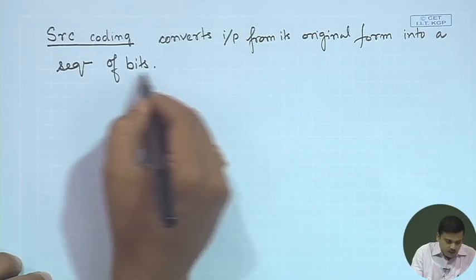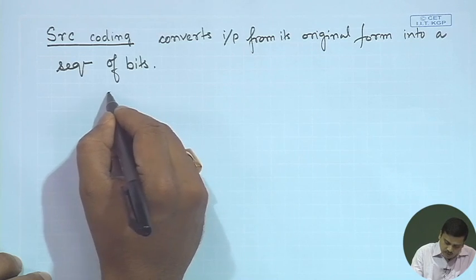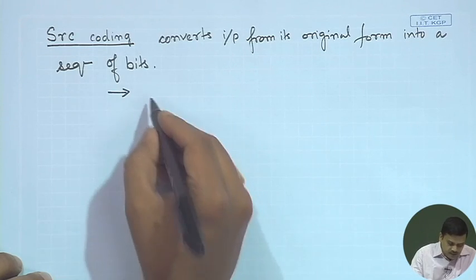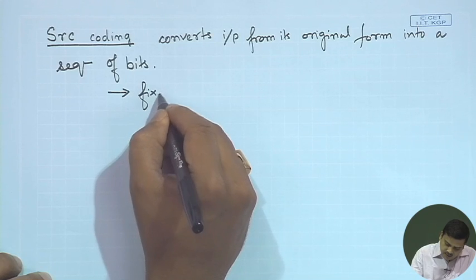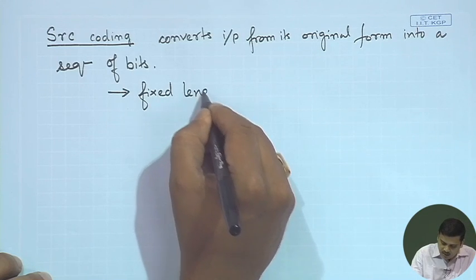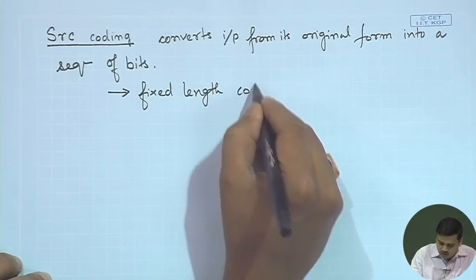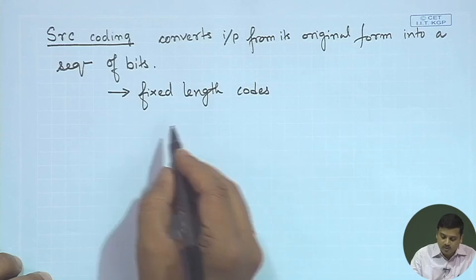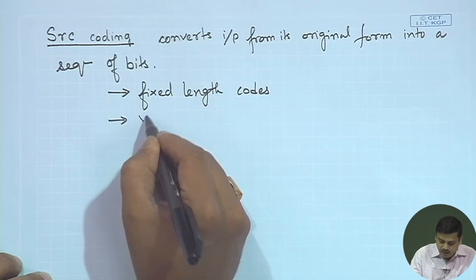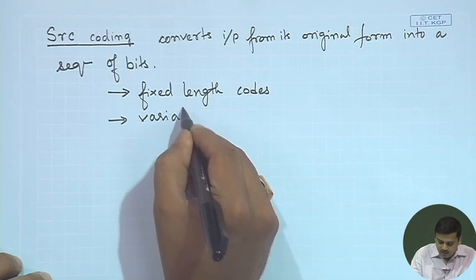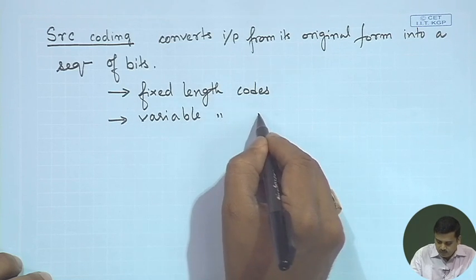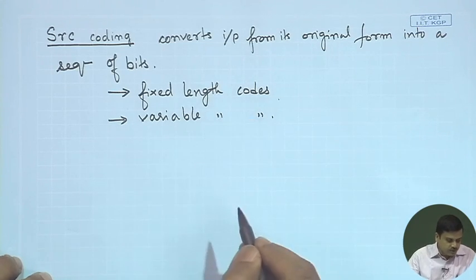Beyond a conversion to a sequence of bits, these sequences of bits can be fixed length codes. We will slowly understand what is meant by codes and what is a fixed length code. They could also be converted into a variable length code, and that is what we are going to see.